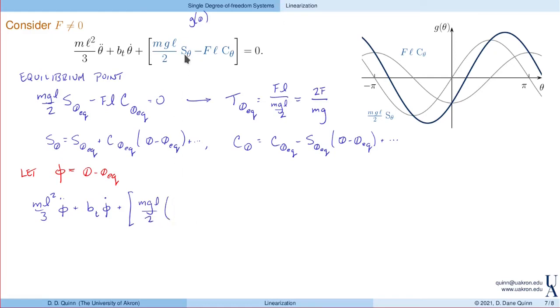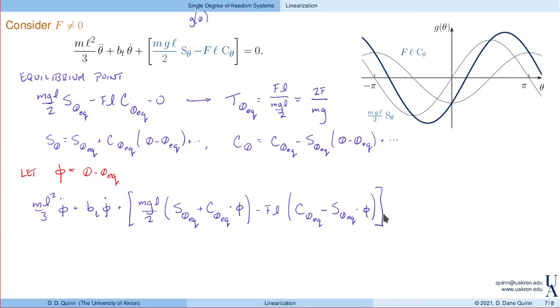And then my approximation for sine is sine of theta equilibrium plus cosine theta equilibrium times phi. And my approximation for cosine is cosine of theta equilibrium minus sine of theta equilibrium times phi.